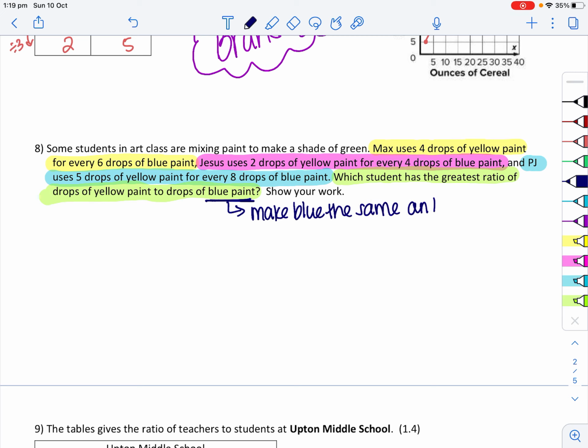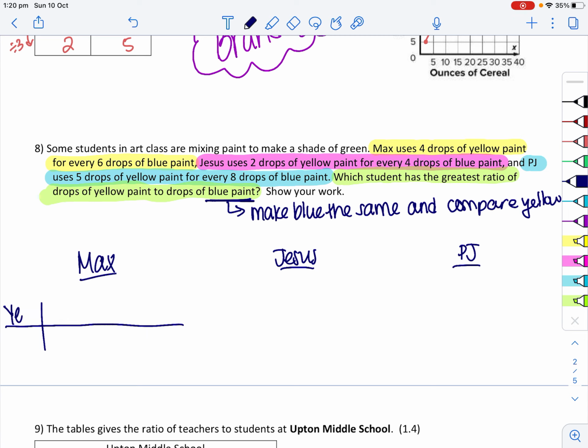And compare yellow. So I'm going to make 3 tables, one for Max, one for Jesus, and one for PJ.